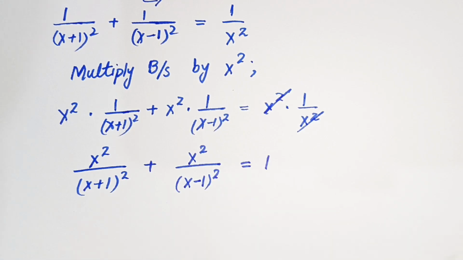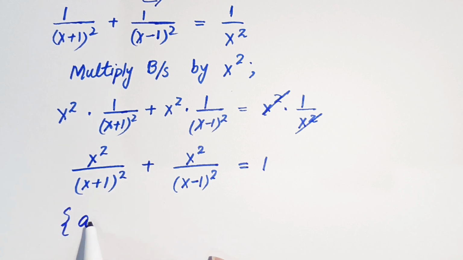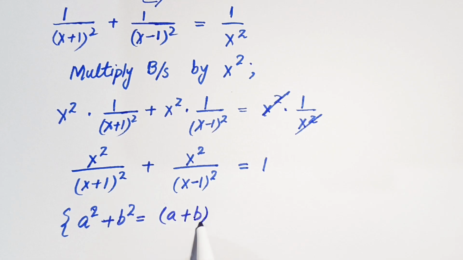Now for this x squared over (x + 1) whole squared, we use this formula: a squared plus b squared is equal to (a + b) whole squared minus 2ab.